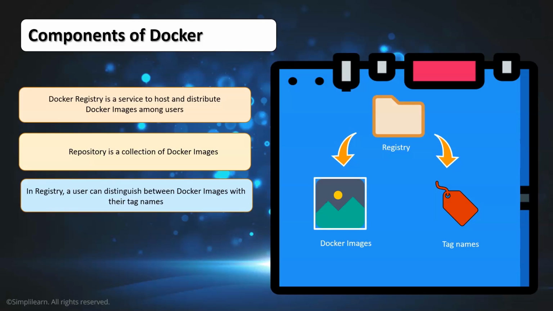For example, Jenkins is a single image, but there might be different types of images there. Let's talk about Jenkins JDK8. The name of the image will be the same, but the tags will be different. One tag could be JDK8, one JDK9, and one JDK10.